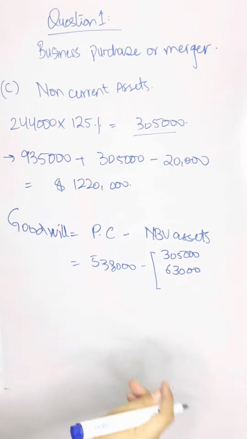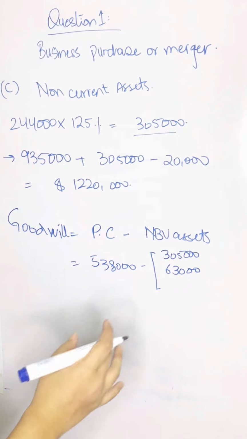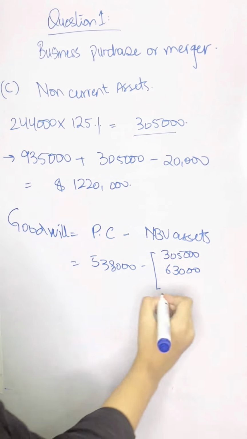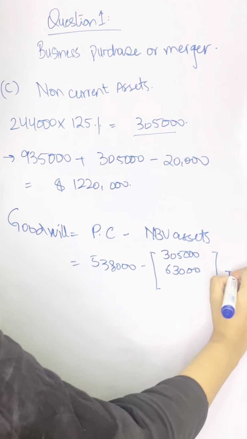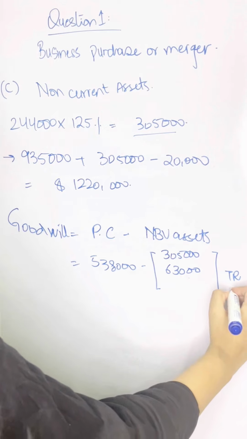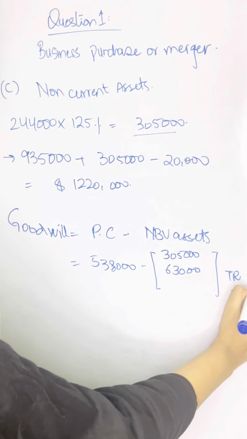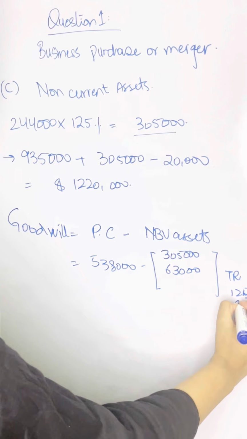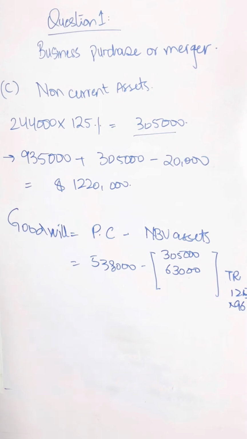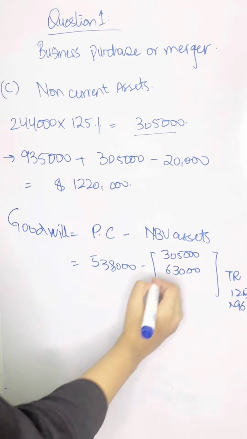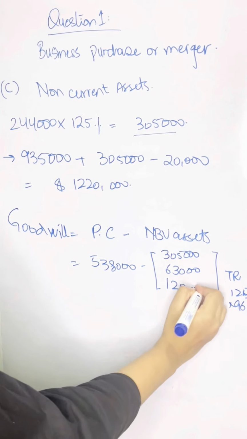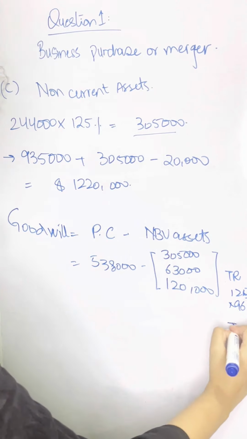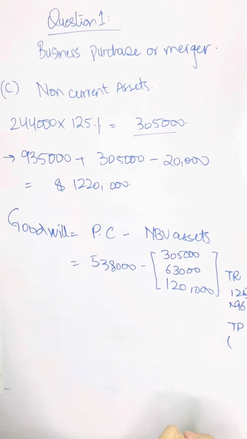Now you're going to extract all the data from the question and list down here. The trade receivables, you are supposed to do the working. So 125,000 were the trade receivables, and you're supposed to apply a 96% because 4% was provision, and hence the value will be 120,000. And then you have the trade payables. Trade payables are always subtracted from the calculation of the net book value of assets.